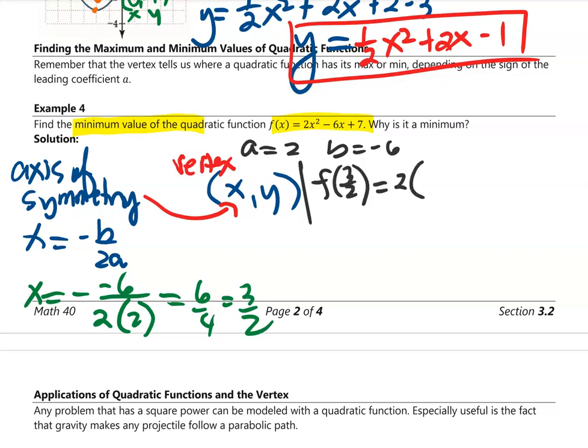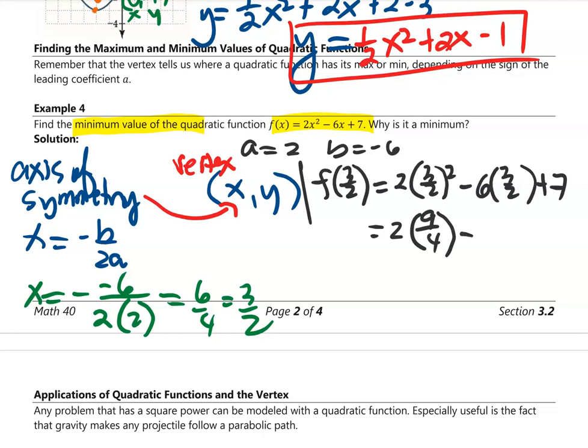So 2 times 3 halves squared minus 6 times 3 halves plus 7. 3 halves squared is 9/4 times 2 is, alright, I'll show it to you. When you square this it is 9/4, minus 6 times 3 is 18 halves, plus 7.